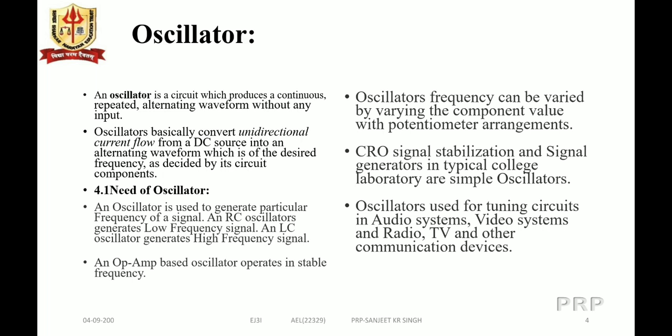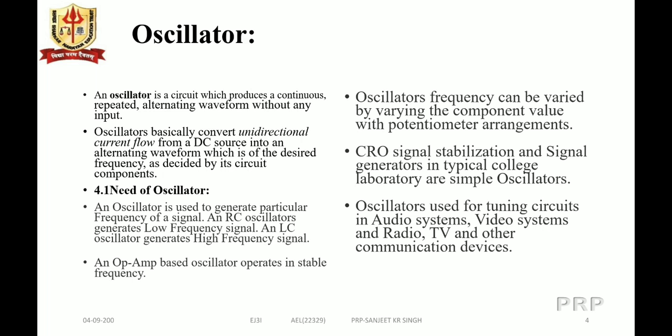Here the oscillators are basically a circuit or device that is converting unidirectional current flow from a DC source into an alternating waveform which is of the desired frequency as decided by its circuit components.